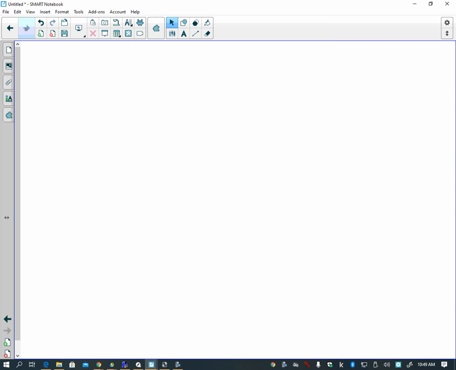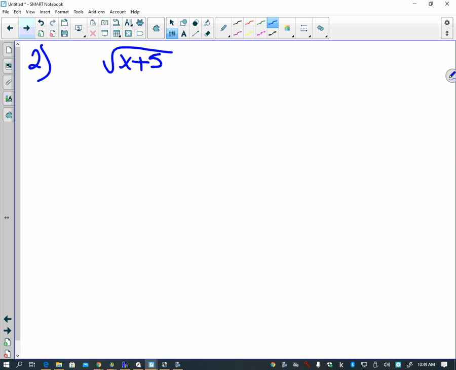All right, number 2. Find the domain of the function. It starts off with the radical of x plus 5, and then down here we've got x squared plus x minus 6. So this involves both rules. What can I not have in a radical? A negative. So x plus 5 has to be what?